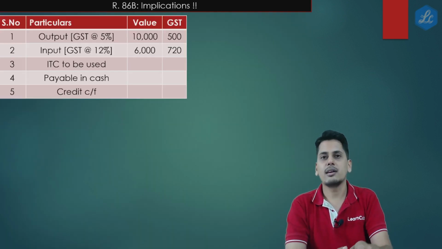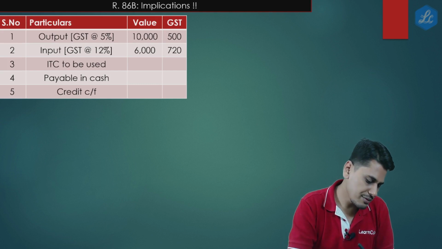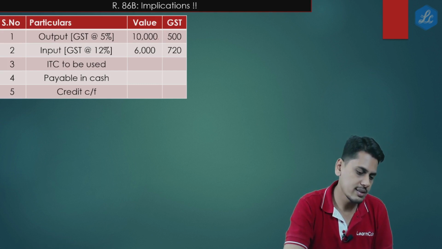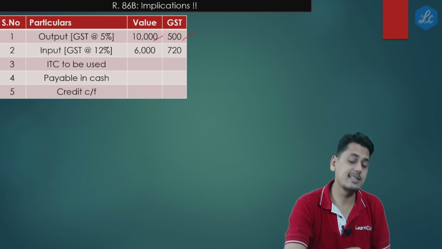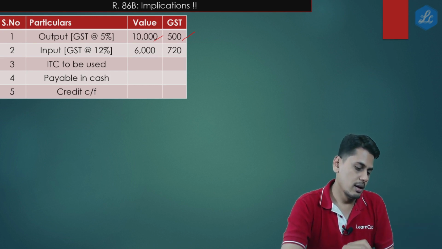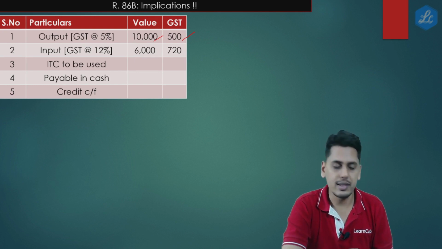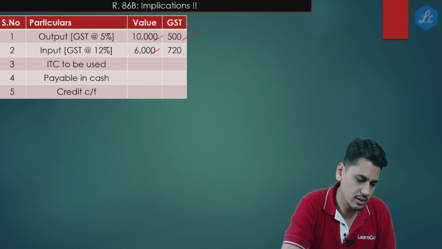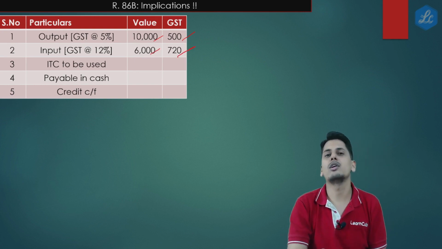Let's have a look at another case. Let's say friends, output supplies value 10,000, GST thereon is 500. We are assuming all the figures are in crores. Input GST at 12%, value is 6,000, ITC is 720.